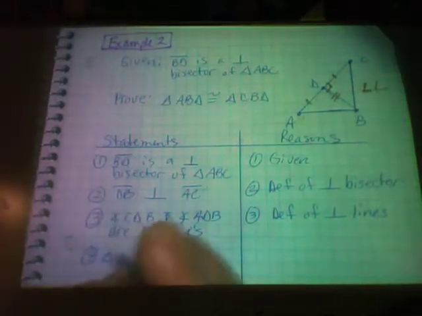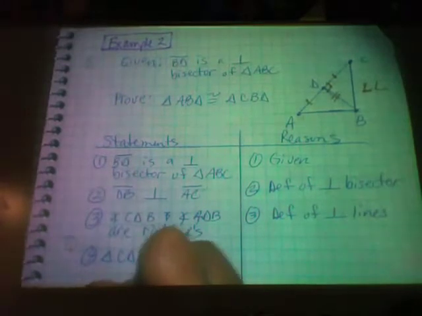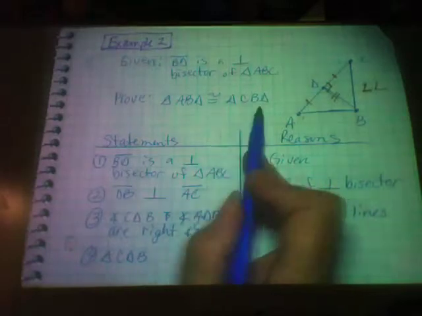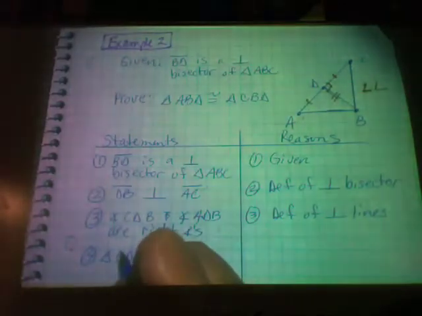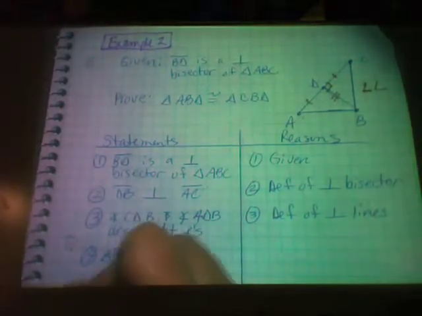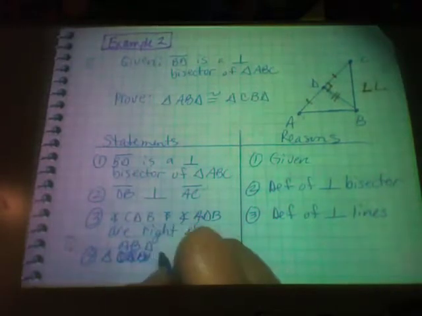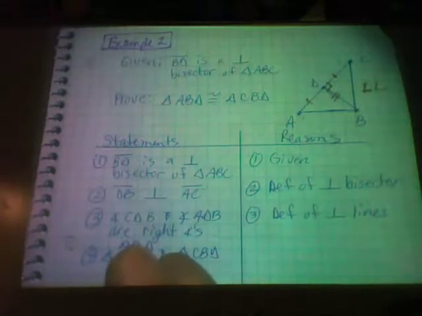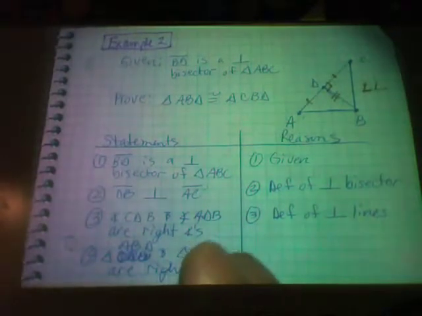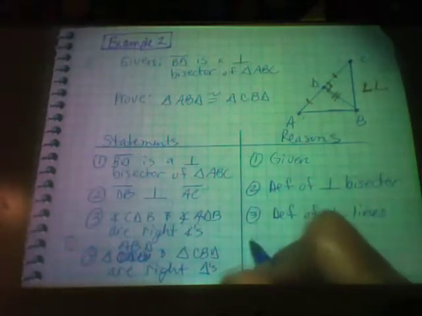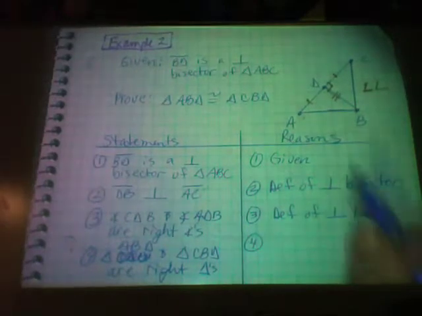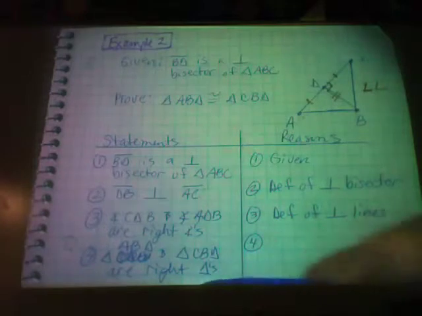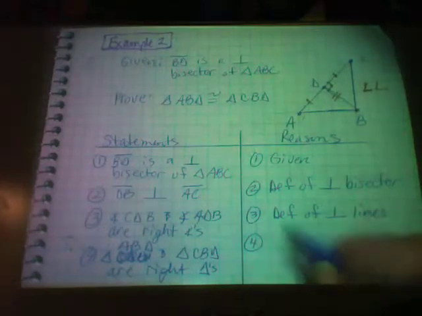So, I actually should use what they have here. So let's say triangle ABD and triangle CBD are right triangles. How do I know that? From the fact that I have right angles, that they are right triangles, what tells me that? Definition of a right triangle.